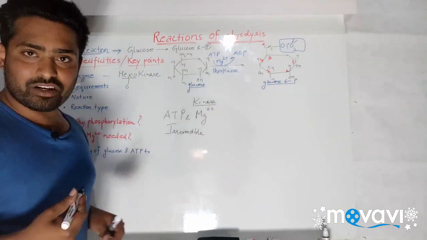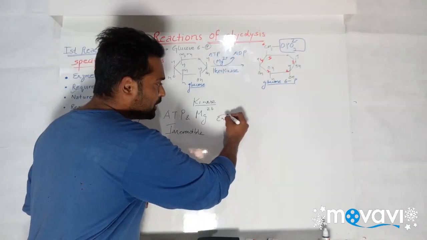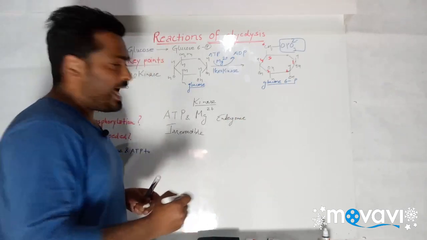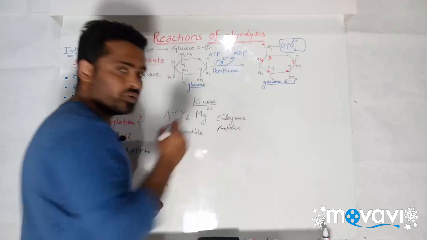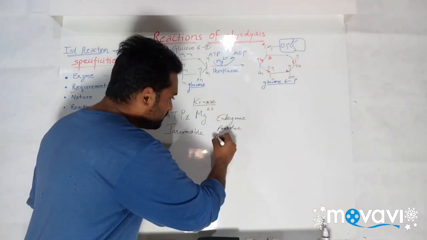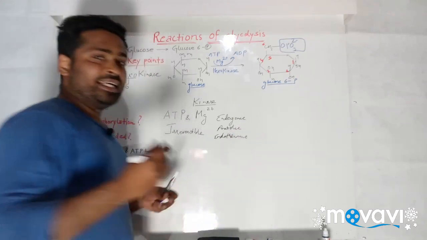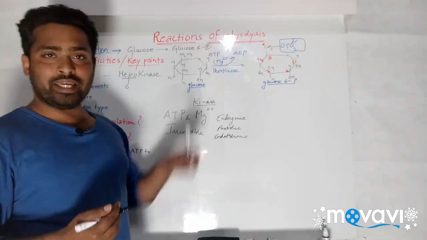So this is irreversible, and also this is endergonic, anabolic you can say, or you can say endothermic, because energy is needed and it is in the form of ATP.